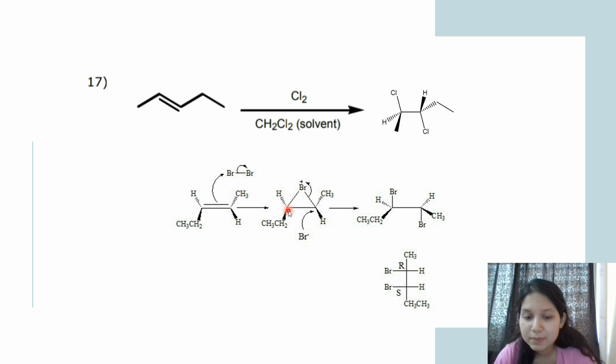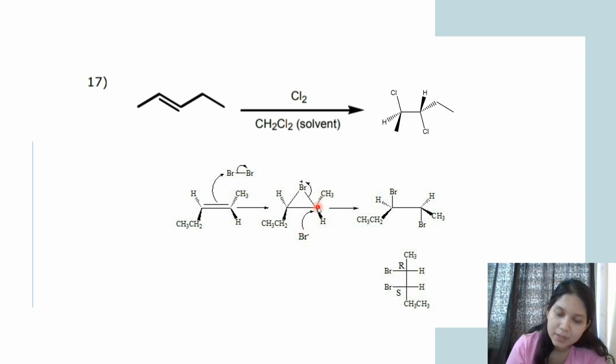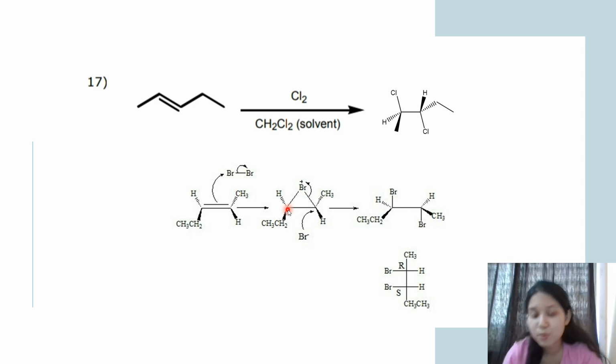But always remember, the steric factor is the main cause for this attack, why bromide is coming from this way. But you can also think of the electron density present in these two positions. Since this position is more electron rich, it will repel the incoming bromide more. So the bromide has to go to this position, which is methyl substituted.